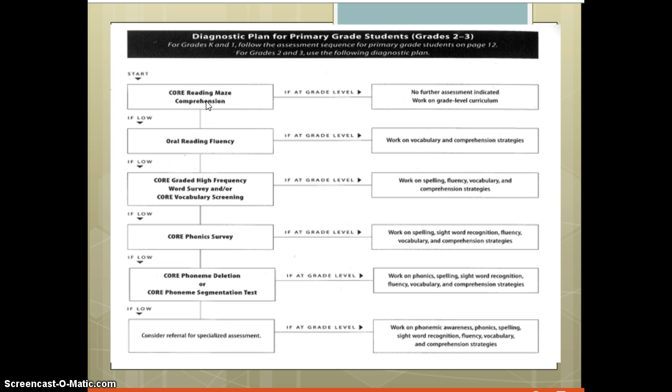If you give them that comprehension assessment and they're on grade level, you don't need to go ahead and give them anything else. They tell you if they're weak on assessment, try looking at their fluency. If they're still low, then move down the list, right? So really nice, really useful charts, not just to know which assessments to give, but to give you an idea of how the skills are integrated and what you should be looking at.